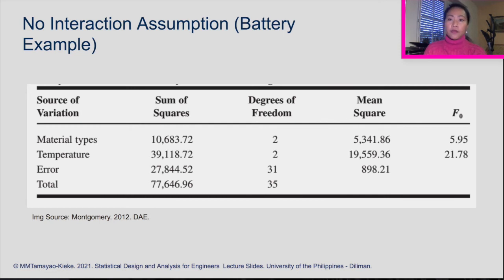As in the full model, we can see that both factors, material types and temperature, are significant, given that your F naught is greater than the critical value of F. Our F naughts here are 5.95 and 21.78, which are greater than 3.305.